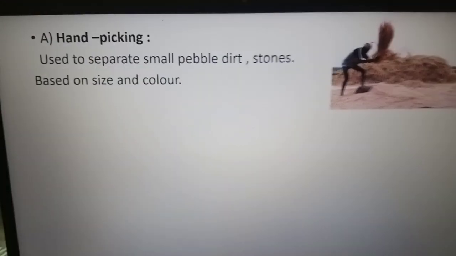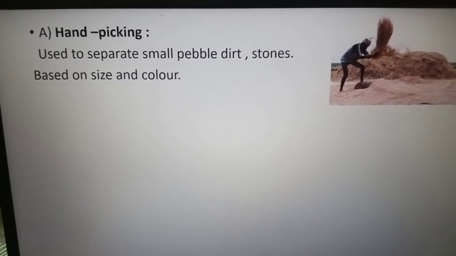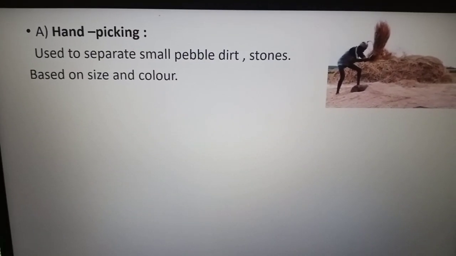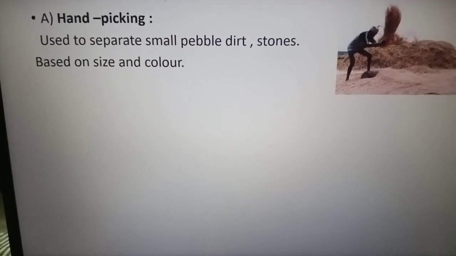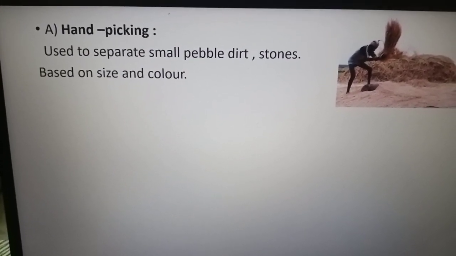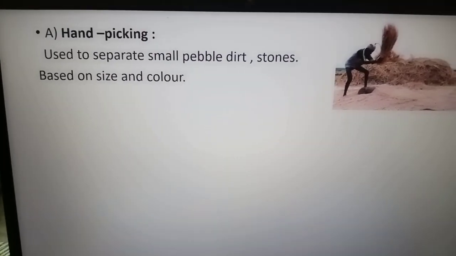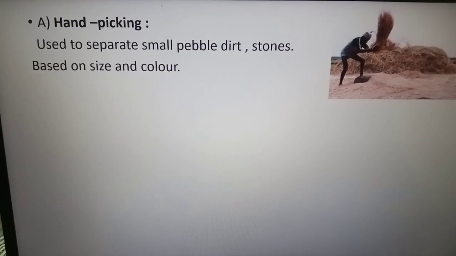The next one is, what are the methods to separate components of a mixture? We learned why we need to separate the components of a mixture. Now we are going to see how you separate them. First one is hand picking. This is the basic technique. Suppose you have rice and some pebbles or dirt or stones mixed with it. One obvious way you will separate it is by hand picking.